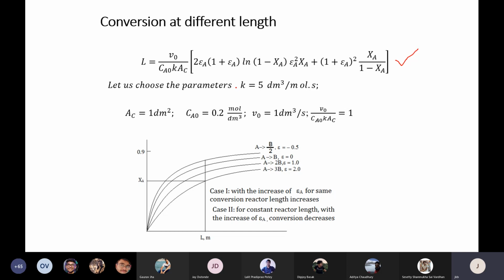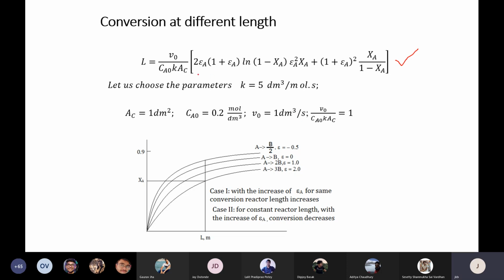Let us choose the parameters. Rate constant is 5. Cross section area is 1 decimeter cube. Concentration initial is 0.2 mole per decimeter cube. And volumetric flow rate is 1 decimeter cube per second.